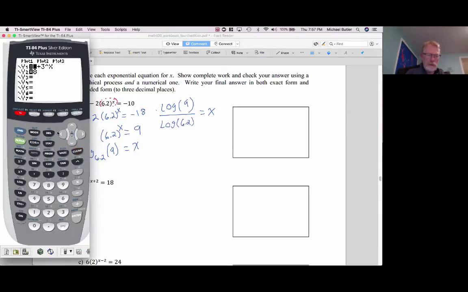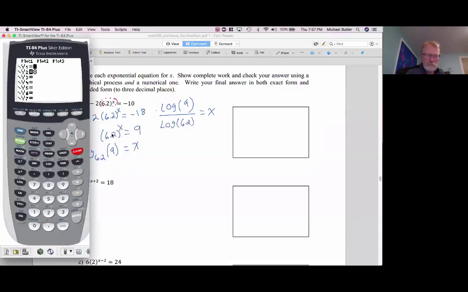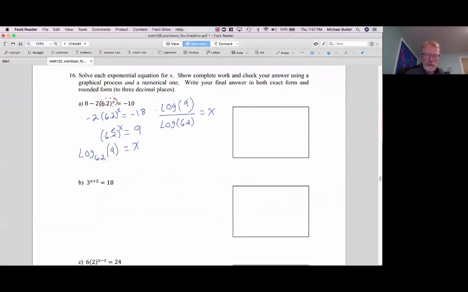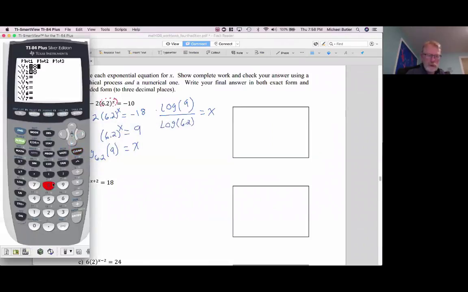So going to my y equals, clear that out. And let's see, what was it again? It was 8 minus 2 parentheses, 6.2 raised to the x power.